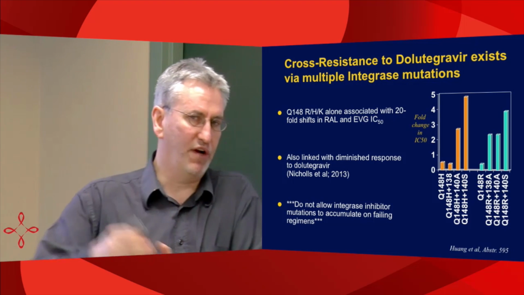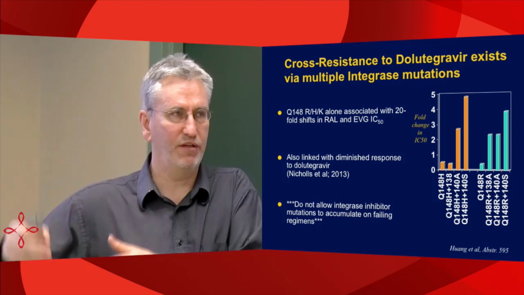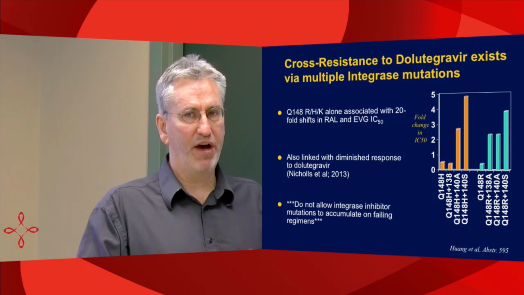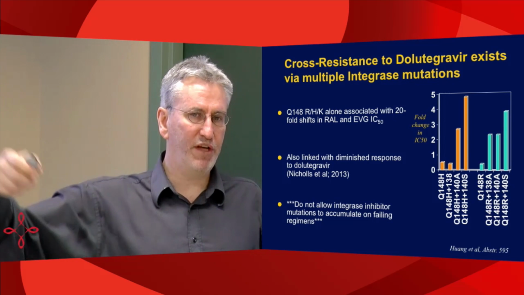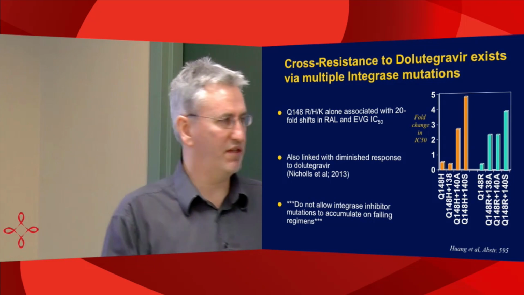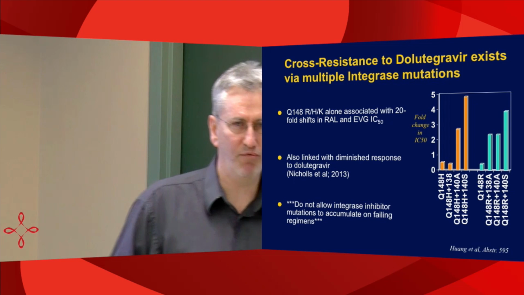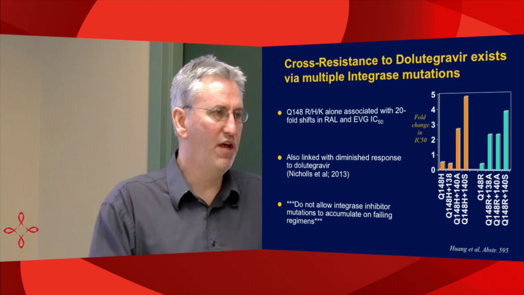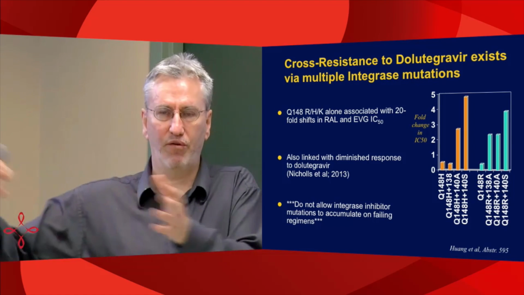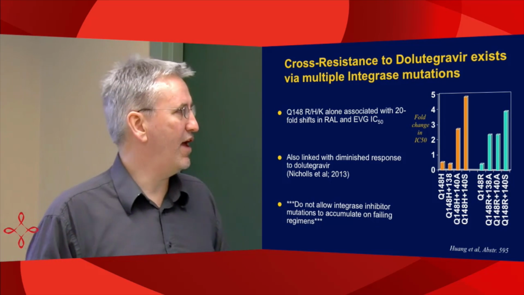So that's the drug beginning to lose its activity. But as you pick up 3 or 4 or 5 mutations, you're just going to get more and more resistance. And this is exactly the same picture we see with the boosted PIs. It doesn't take 1 mutation to blow up the drugs, but it takes the accumulation of 3 or 4 or 5 mutations, and that's it.